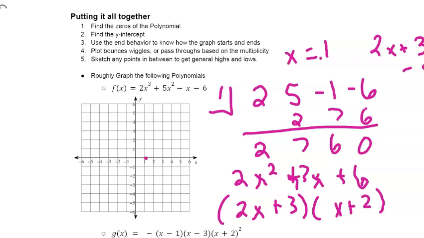But you subtract 3 and you divide by the 2, so x is negative 3 halves. So negative 1.5 is another root. So I'll put that one there. And then our final root is negative 2 if you set this one to 0. And so I'll put that one there. Kind of hard to see, but I think we got them.